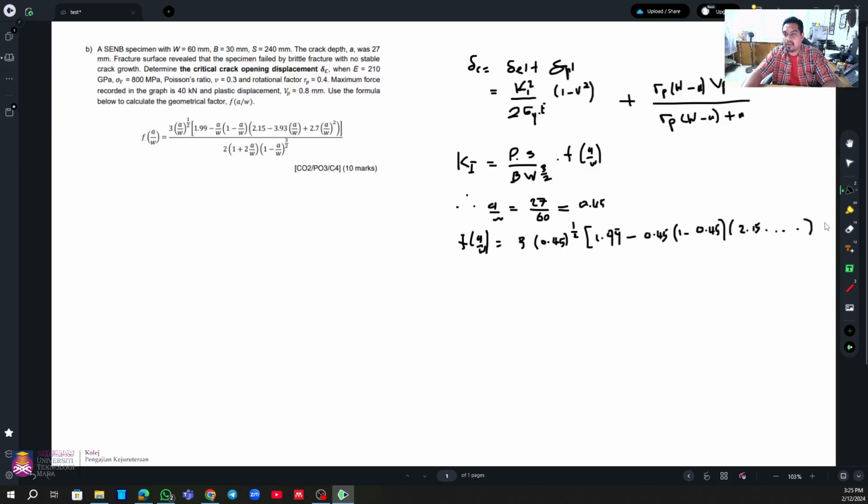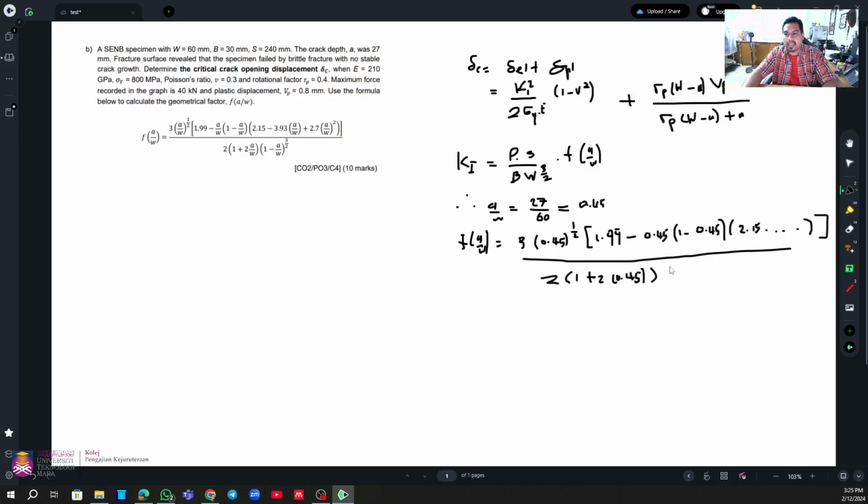Close the bracket, and you have to divide it by 2 times (1 plus 2 multiplied by 0.45).